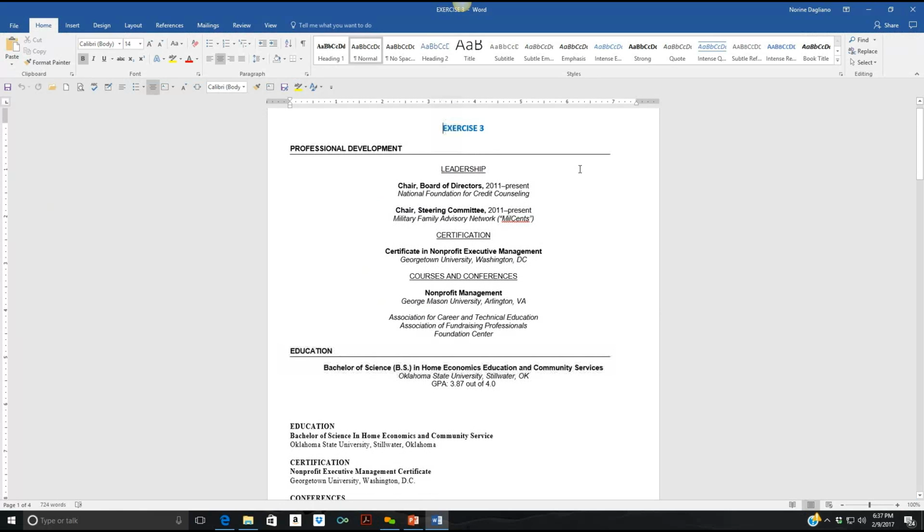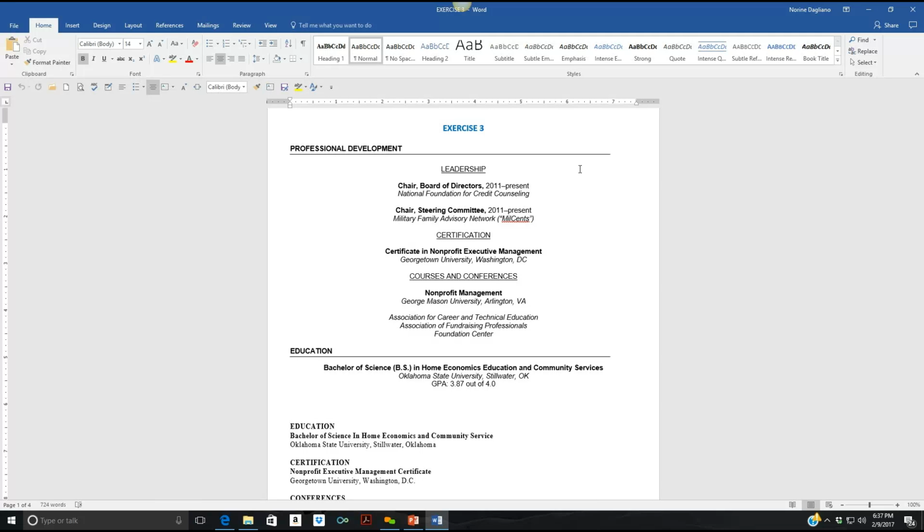So exercise 3, this first one was nice because they broke the professional development down into subsections. So they have 2 main sections, professional development and education. And then under the professional development, it's broken down into leadership, certifications, courses, and conference. So it's kind of a unique sort of approach.